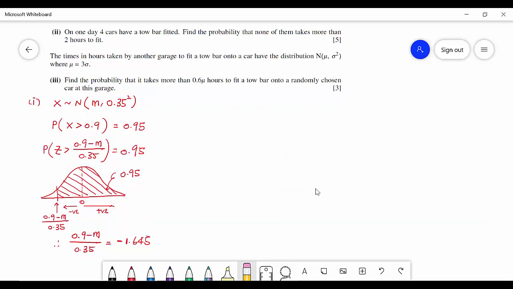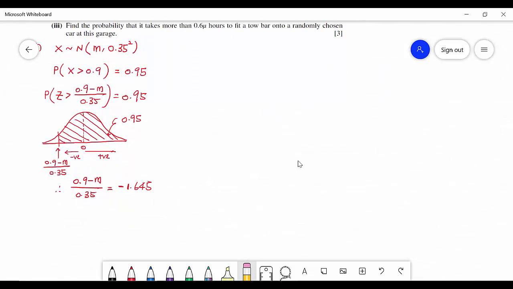Okay, then after that, you can continue from here. To get the value of m, what you need to do is just move everything to the other side. Eventually you should get m equals 0.9 plus 1.645 multiplied by 0.35.